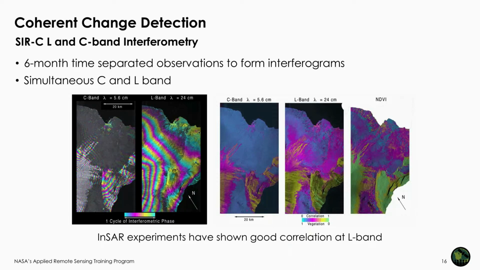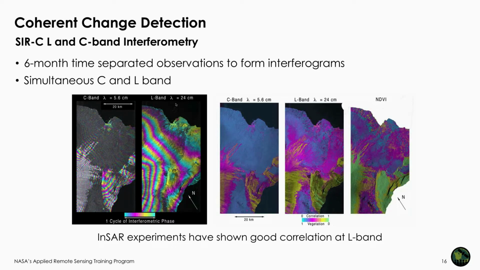And it's also important to remember that because the different wavelengths are reflecting off of different things, this also affects the ability to measure the InSAR phase. So here's an example. During the Shuttle Imaging Radar C mission, or SIR-C mission, which flew in 1994, they flew the space shuttle twice in 1994, 6 months apart.